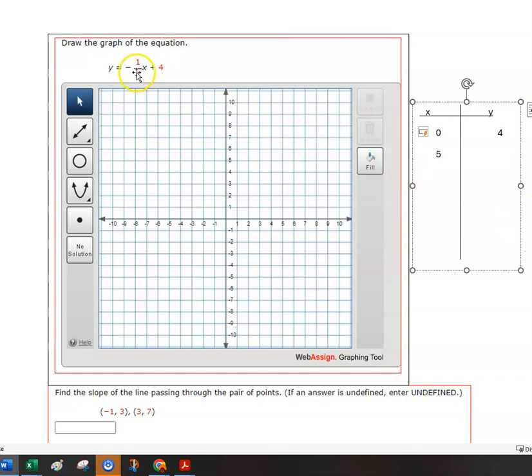So by me doing that, I'm canceling out this fraction and making a whole number 1. But notice it's a negative 1. So make sure you have negative 1. So I have negative 1 plus 4. That's going to give me positive 3.